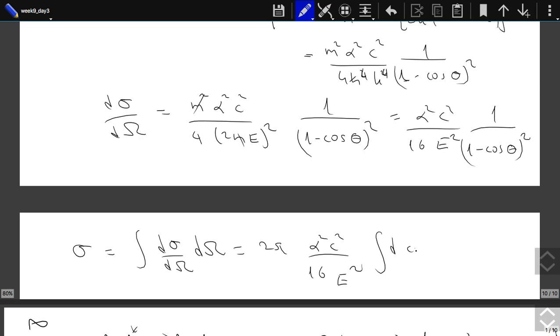We have the integral over cosine theta from minus 1 to 1 of 1 over (1 minus cosine theta) squared, but this diverges.